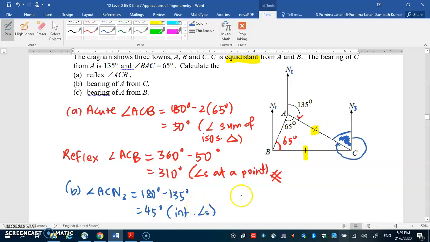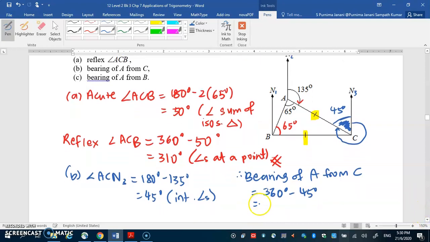Alright, therefore the bearing of A from C will be equal to 360 minus this 45 degrees here, and the answer is 315. Write your reason, angles at a point. Okay, 315 degrees.